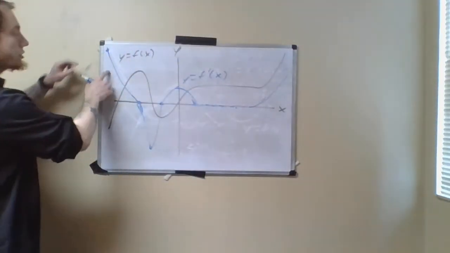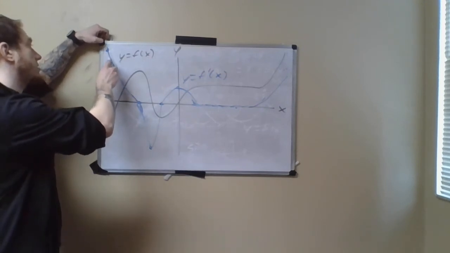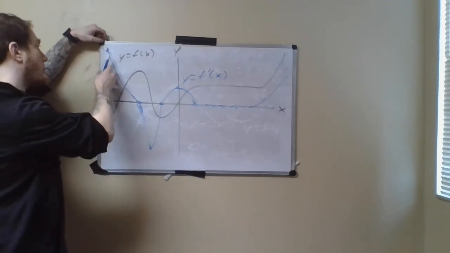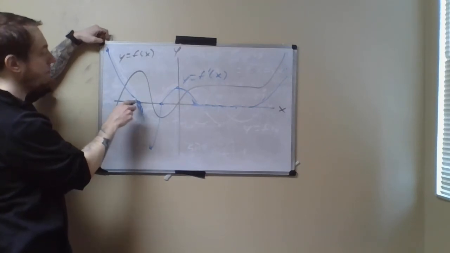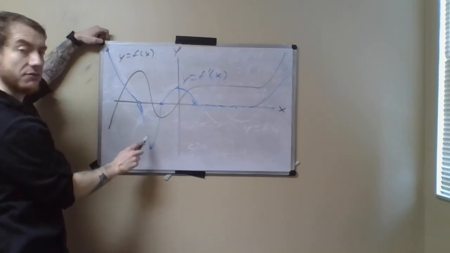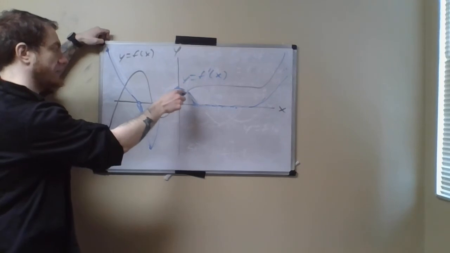Because, if I just look at this blue curve, I know that the original curve must be kind of sloping upwards quite steeply, and then it stops sloping upwards very steeply and switches around to sloping negatively, and then it switches around to sloping positively again.